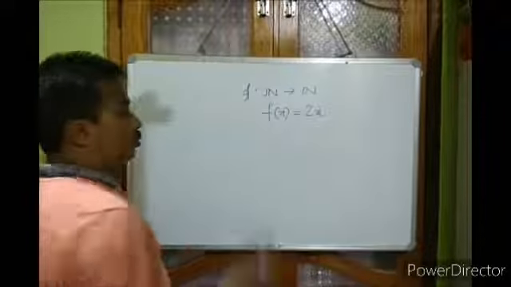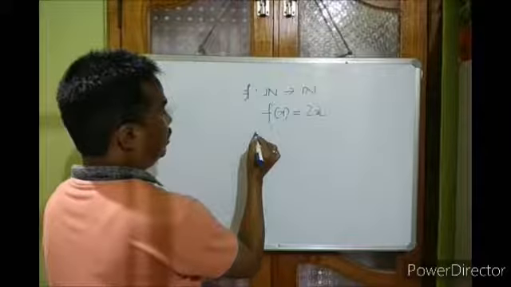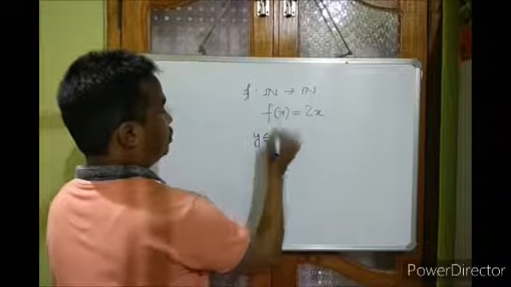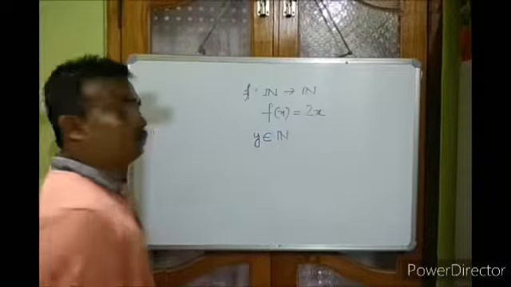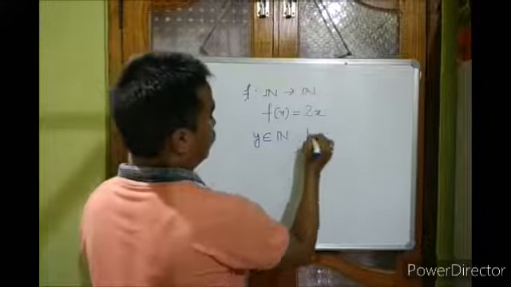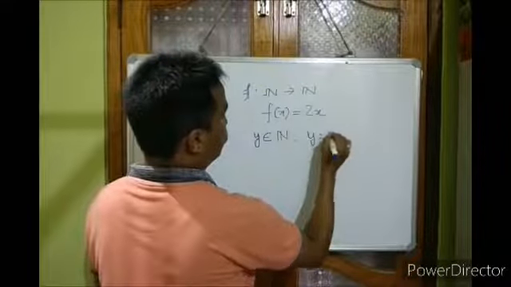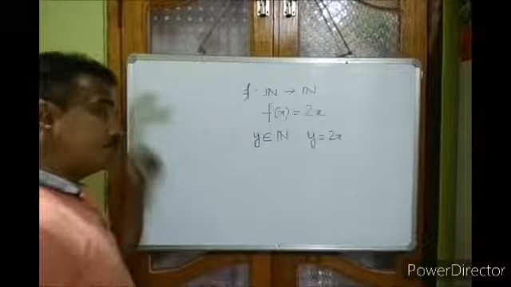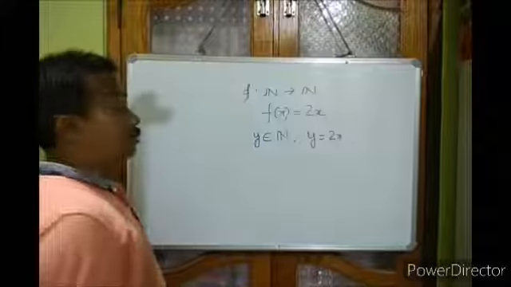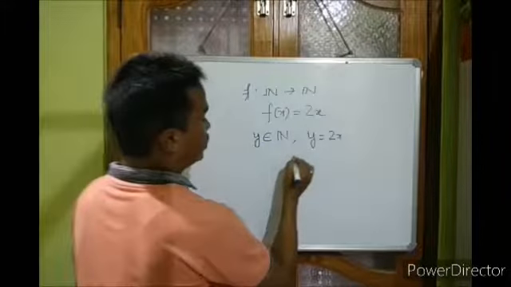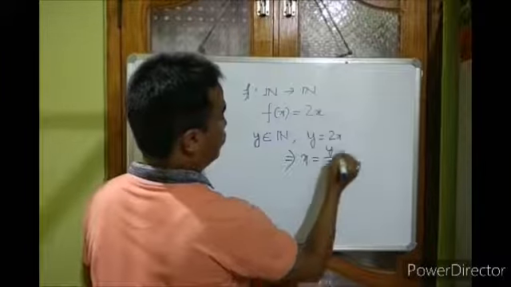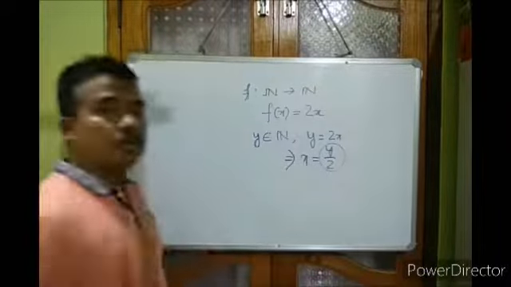For onto we have to take one arbitrary element y belonging to the set of natural numbers, then y should be equal to twice x. Now if y is equal to twice x, this implies x equals y by 2. Now, is y by 2 a natural number for any y?